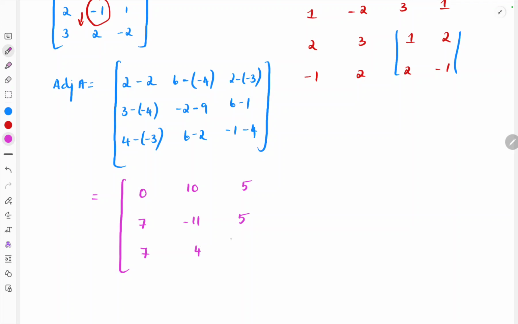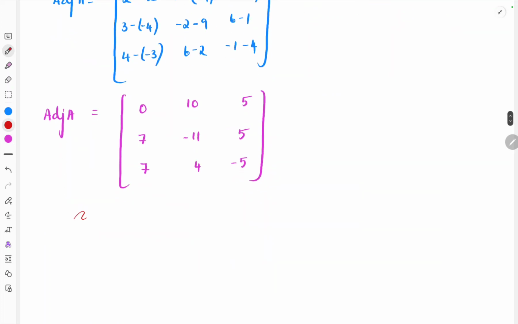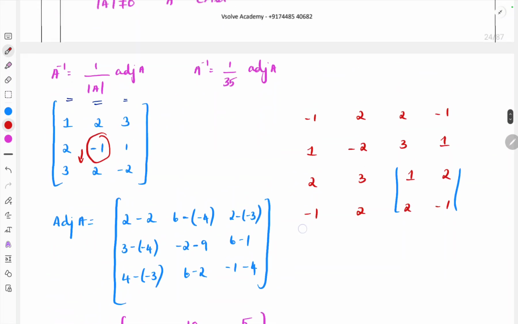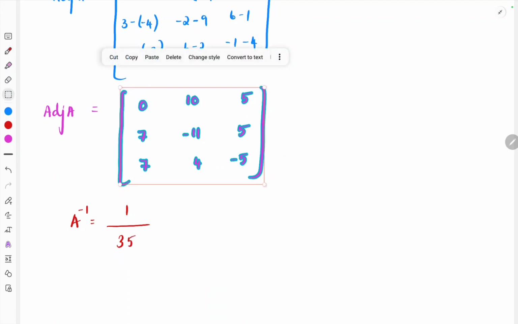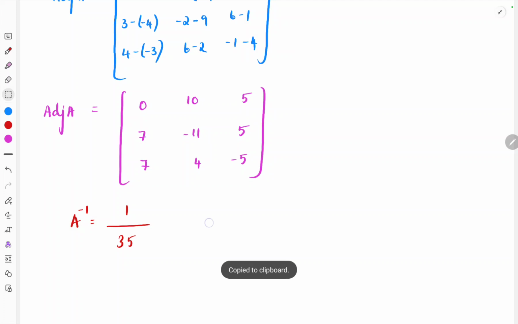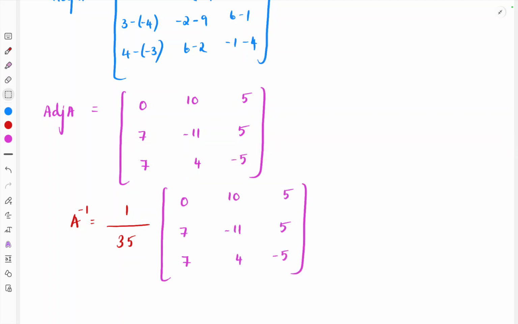Minus 1 minus 4 is minus 5. So this is our adjoint of A. So A inverse is 1 by the determinant of A, which we got as 35, into adjoint of A. This matrix we just copy and paste here. So this will be A inverse.